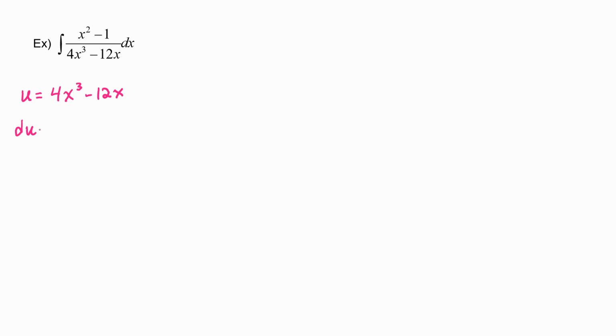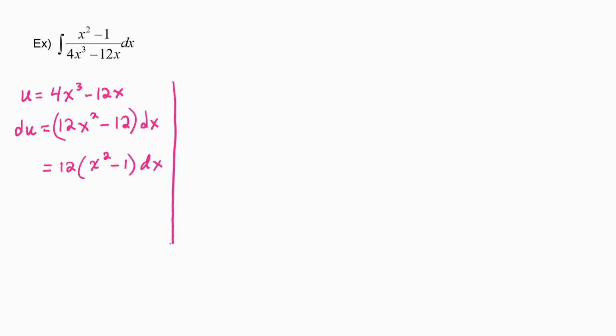Then du is going to equal 12x squared minus 12, put that in parentheses, dx. We see that we can factor a 12 out, and we would have left inside x squared minus 1 dx. So all of that looks very promising when we compare that to the original integral.